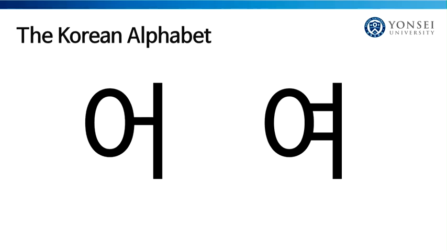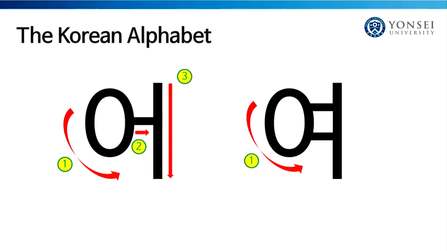O is also written using a circle, a short stroke from left to right, and a long stroke top to bottom. Yo is a circle first, 2 short strokes from left to right, and a long stroke from top to bottom.